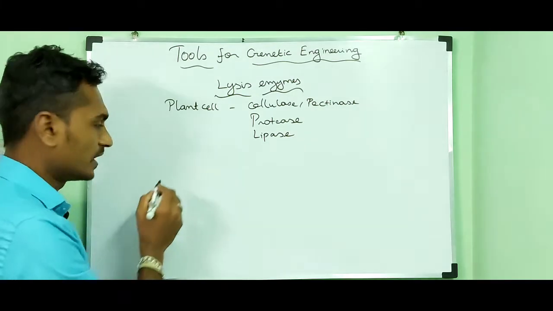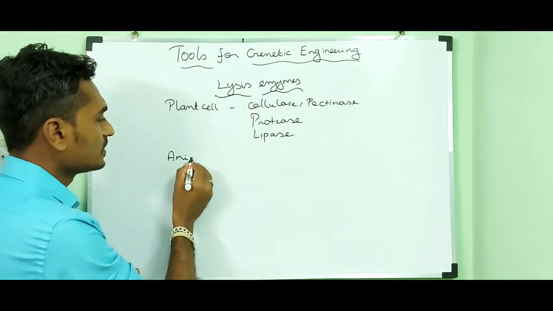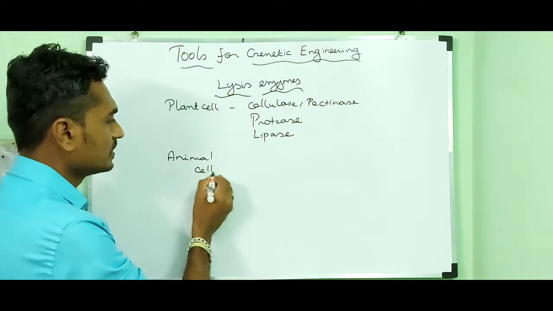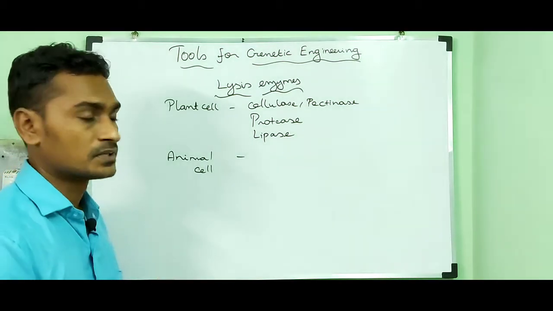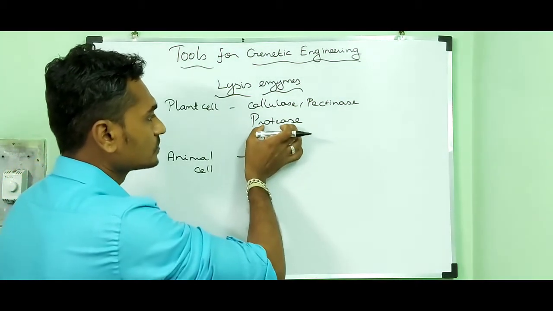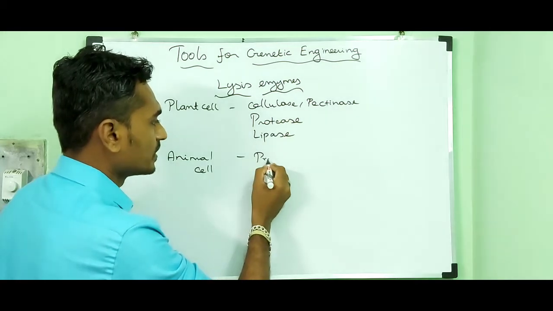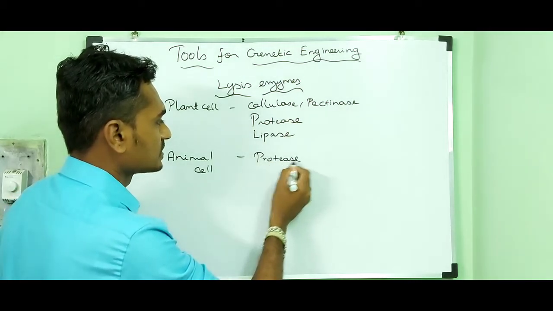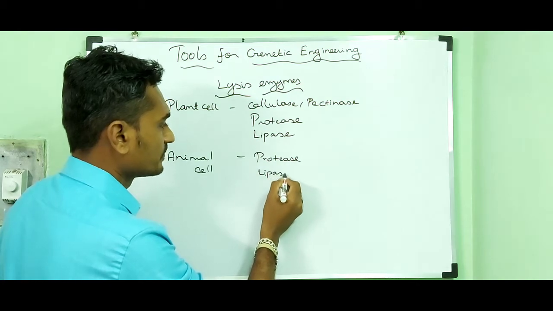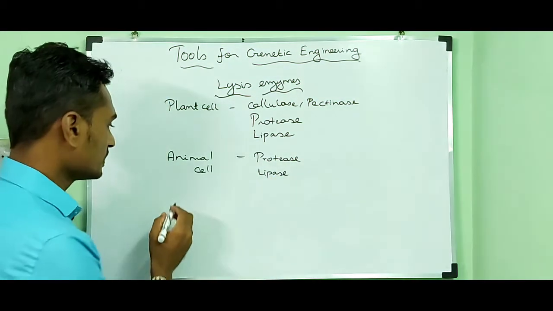Suppose it is an animal cell. The cell wall is absent in animal cells and it contains a plasma membrane. So we have to use protease and lipase to digest the plasma membrane. Suppose it is a fungal cell.